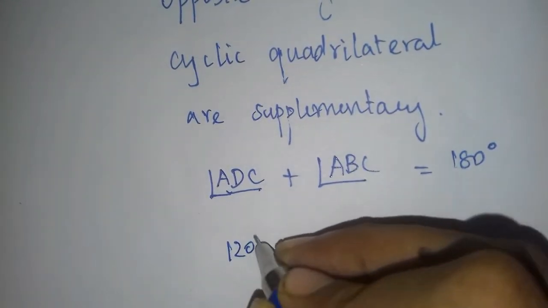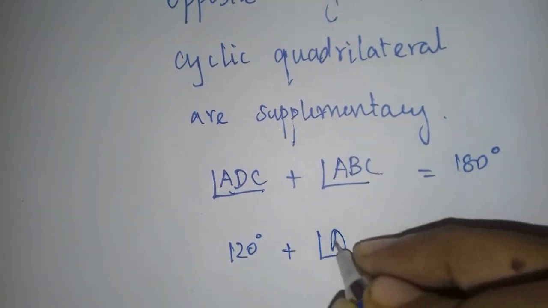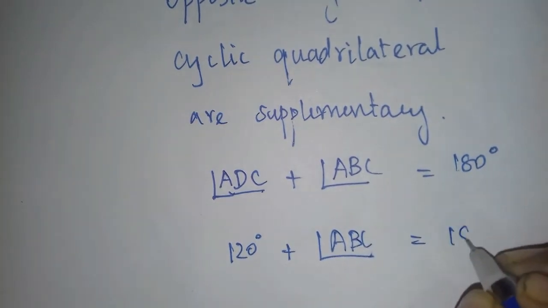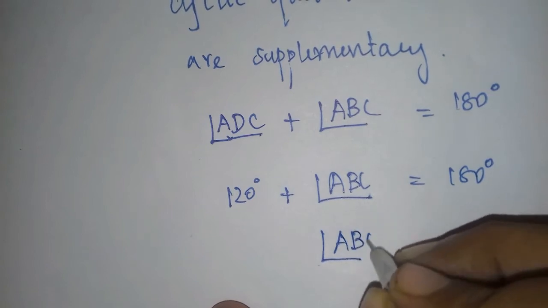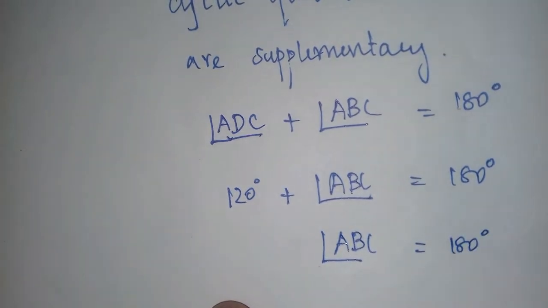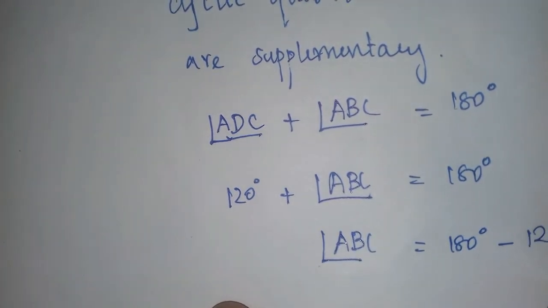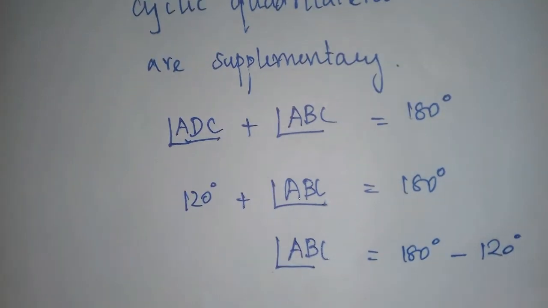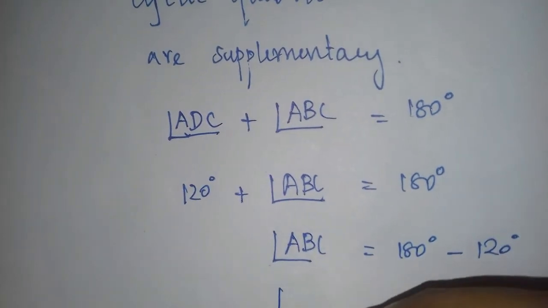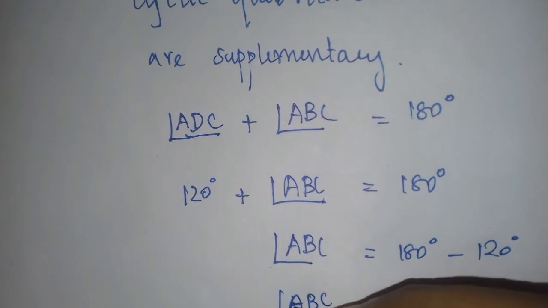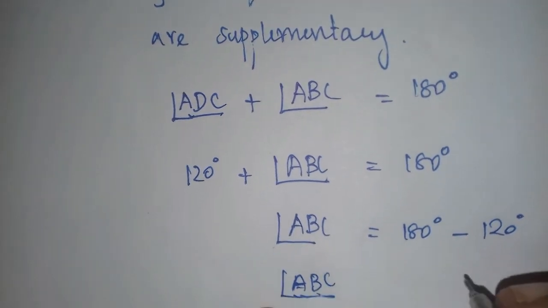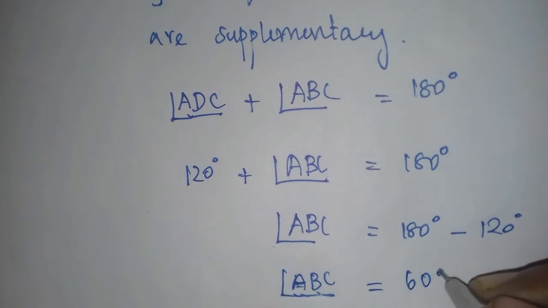So 120 degree plus angle ABC is equal to 180 degree. So angle ABC is equal to 180 degree minus 120 degree. This 120 degree goes there as minus 120 degree. So angle ABC is equal to 60 degree.